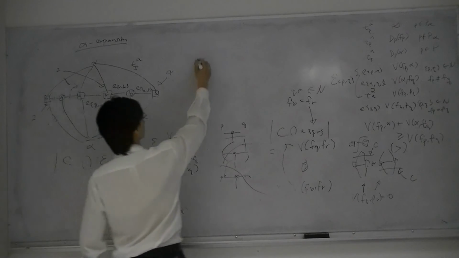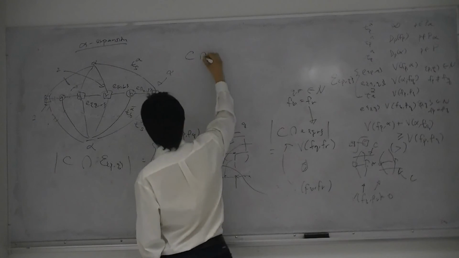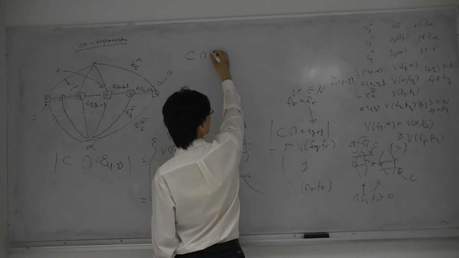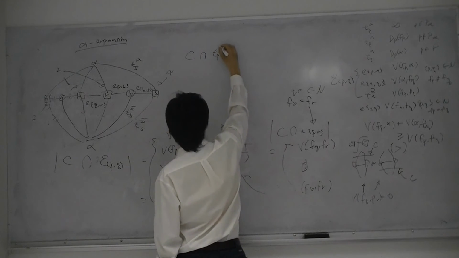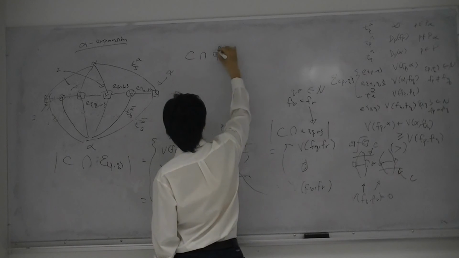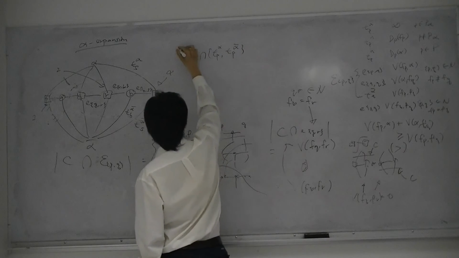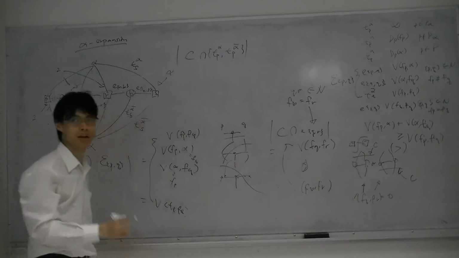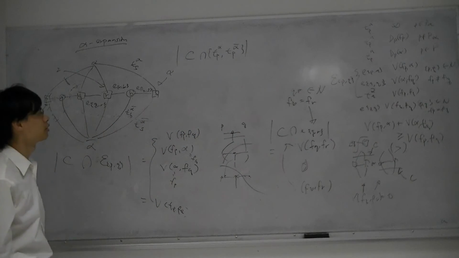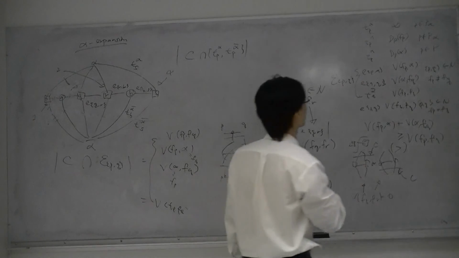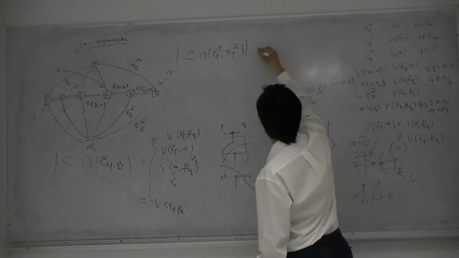And let's consider C intersect with T P alpha and T P alpha bar, let's say. So I can cut above or cut below, but that's very simple, right?